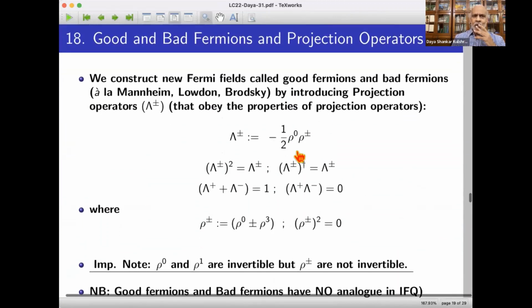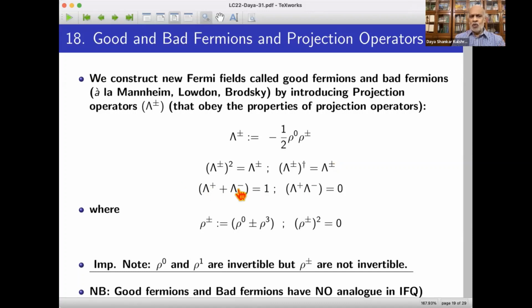Now let me come back to the so-called projection operators that need to be constructed in this formalism of Mannheim, Loden, and Brodsky. So I do it like this, and one can verify the standard properties of the projection operator. Its square must be equal to itself. Its dagger adjoint must be equal to itself.